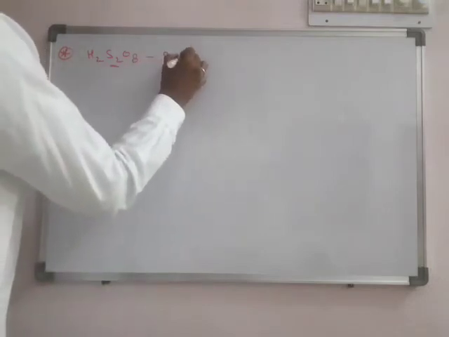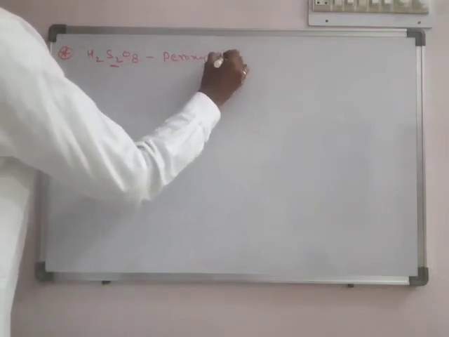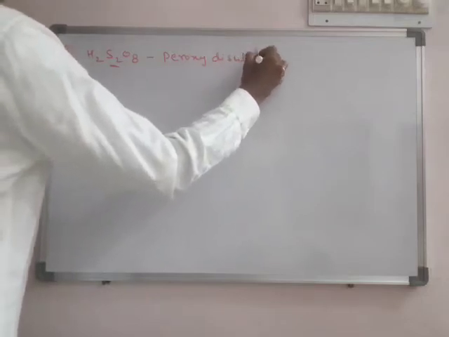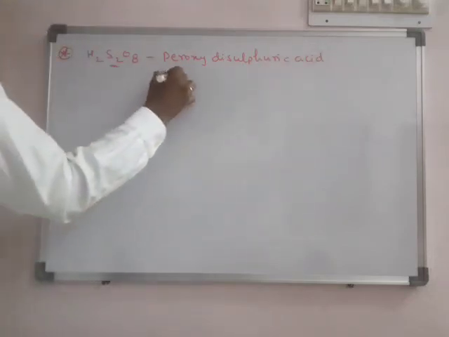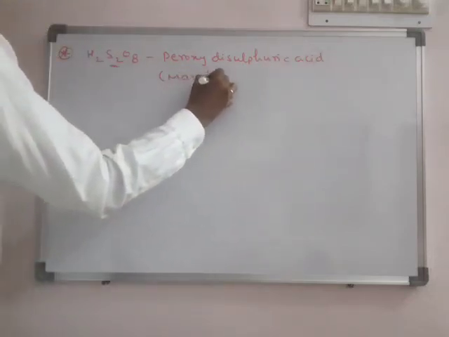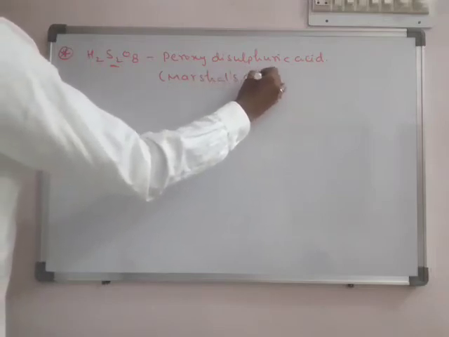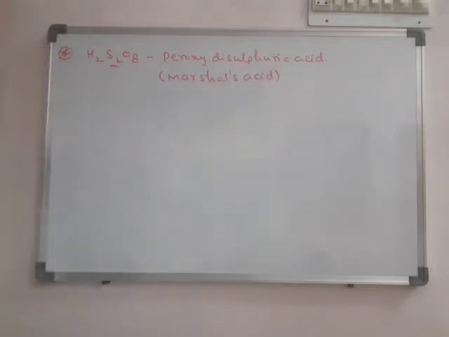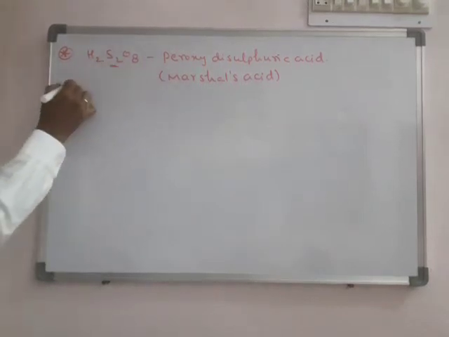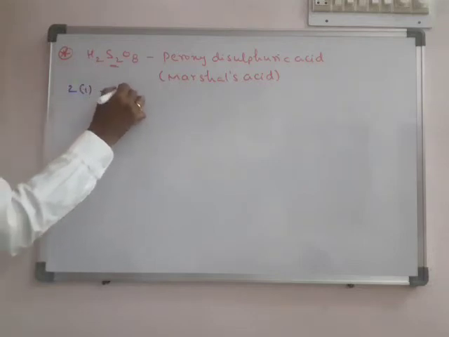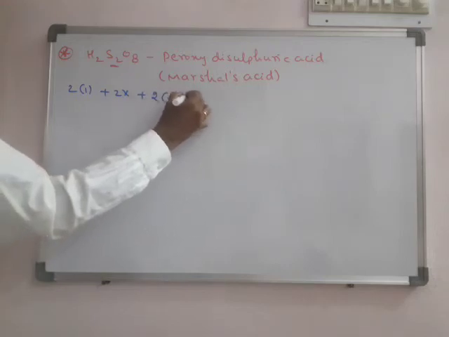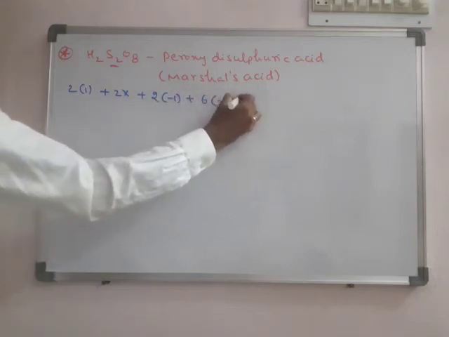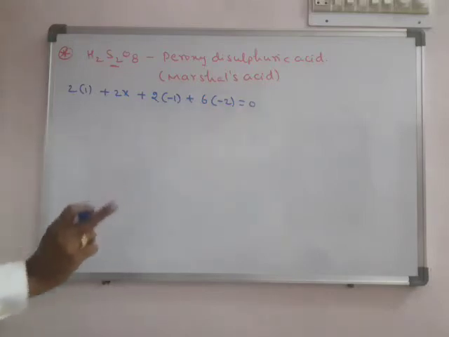Its name is peroxydisulfuric acid. It's also known as Marshall's acid. Sulfur: so 2 into 1. One peroxy bond means 2 oxygens having -1. The remaining 6 oxygens are normally -2. One peroxy bond, so we have to remember.